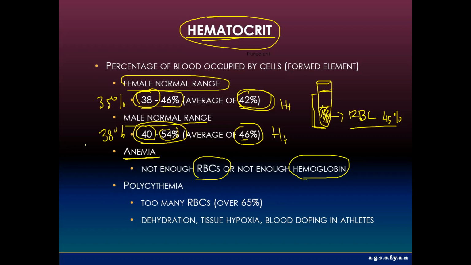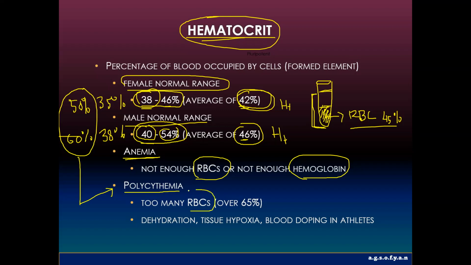And then if, for example, this female has a hematocrit value up to 50%, or a male maybe up to 60% hematocrit, this is an indication that the person has a condition called polycythemia. Polycythemia means there is too much red blood cell in the blood, and usually the blood becomes stickier.